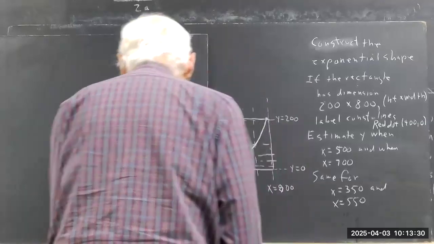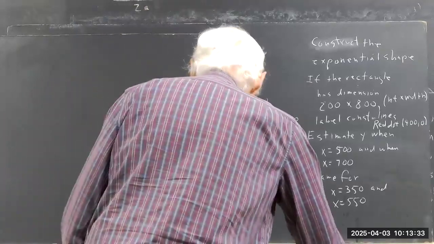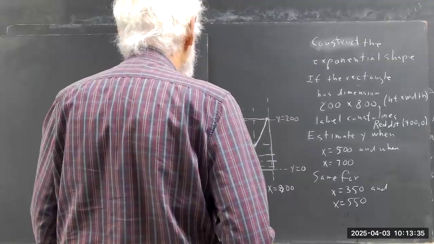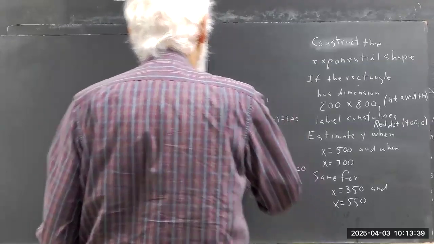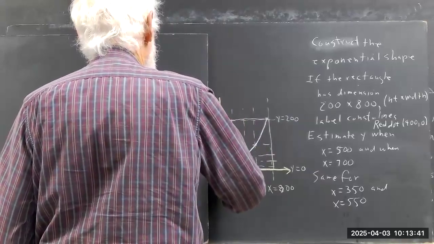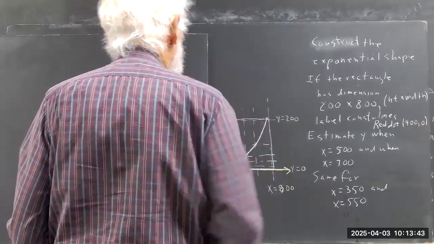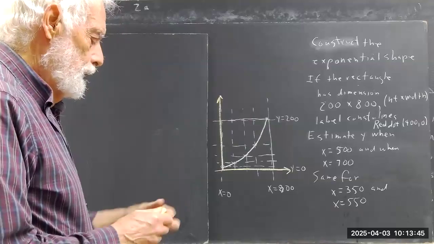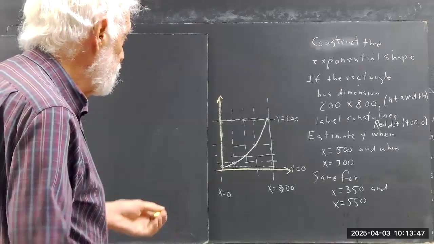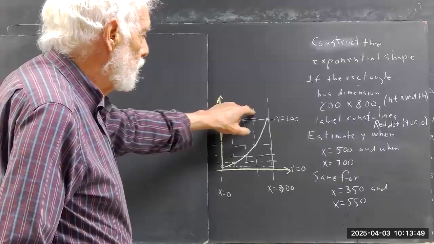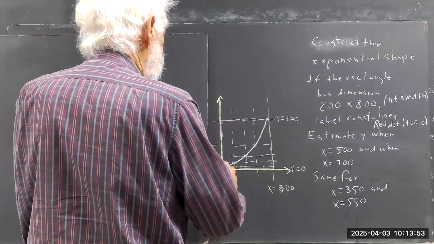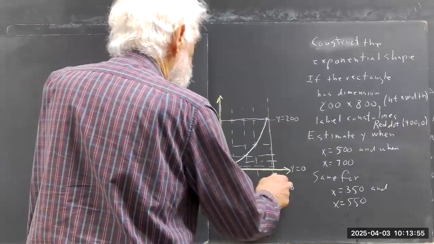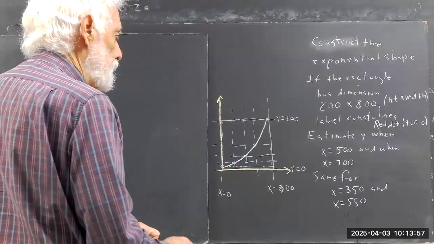So that's the x and y axes. Now another thing about it is we get these vertical lines. These vertical lines are equally spaced 0 to 800.